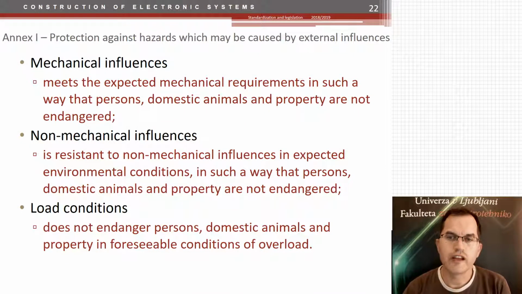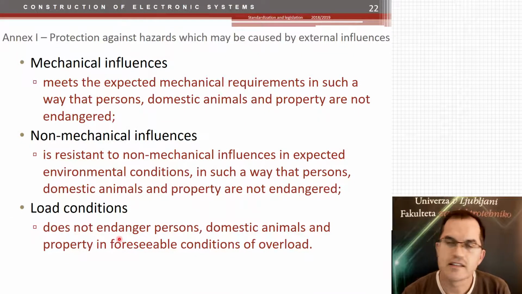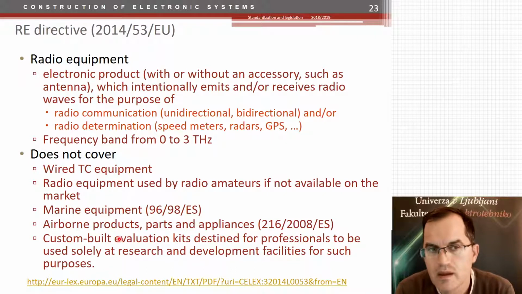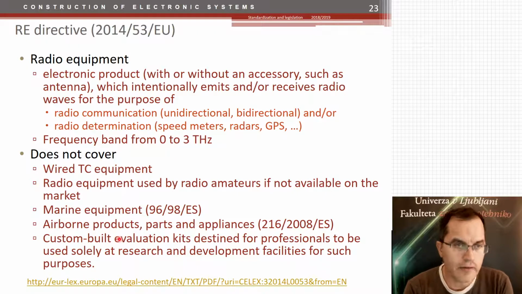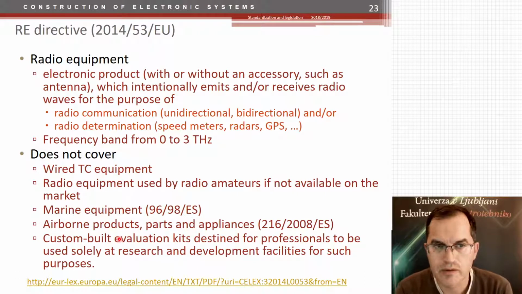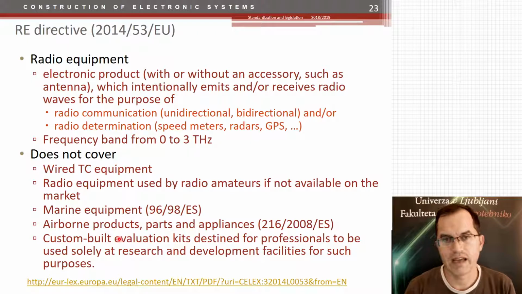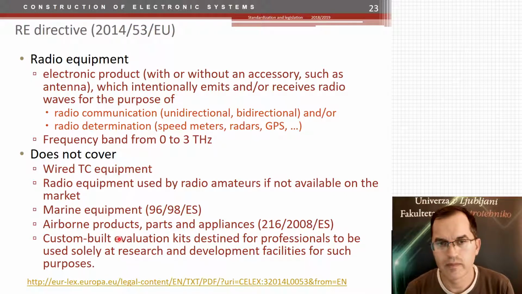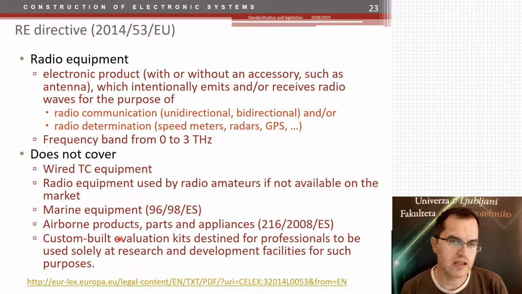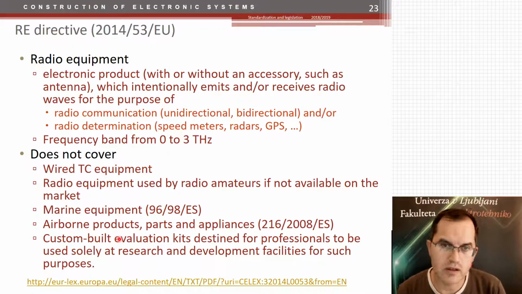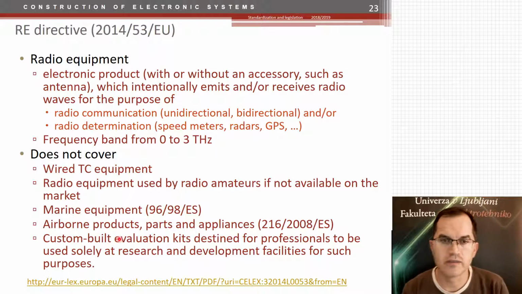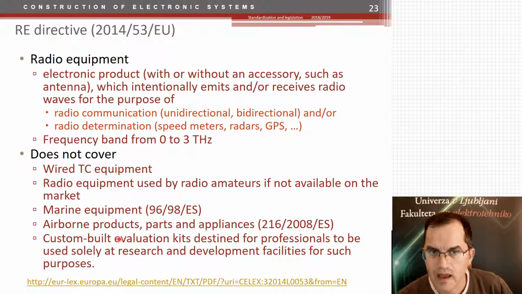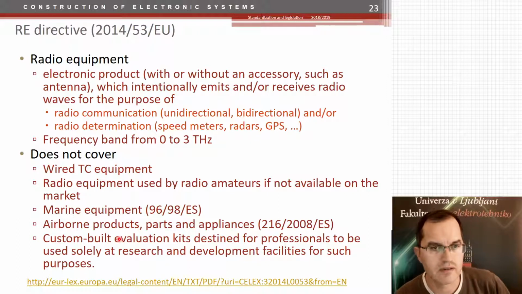What about radio? That's the third directive, the radio equipment directive. It's talking about everything that contains radio. That means a transmitter or receiver, or both. And radio combinations, as I said, could be unidirectional or bidirectional, and also radio determination, such as speed meters or GPS. They have a receiver, and these are all covered in this directive.